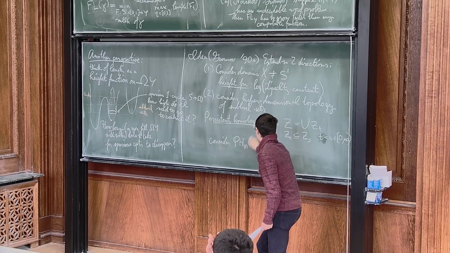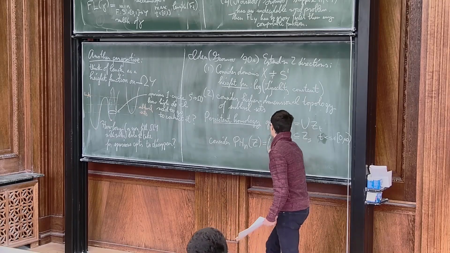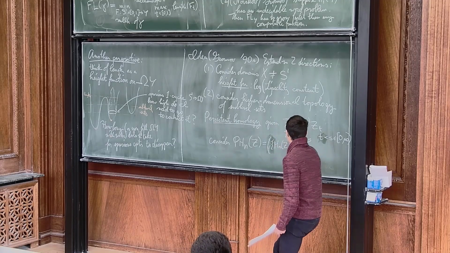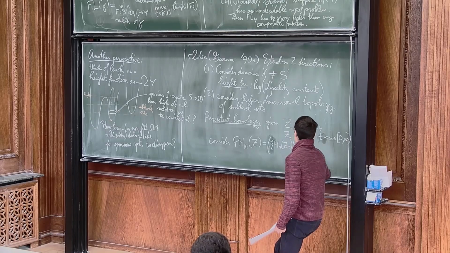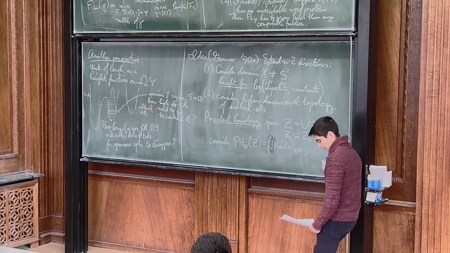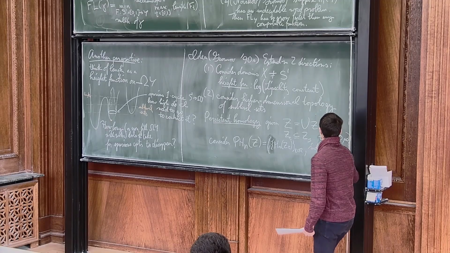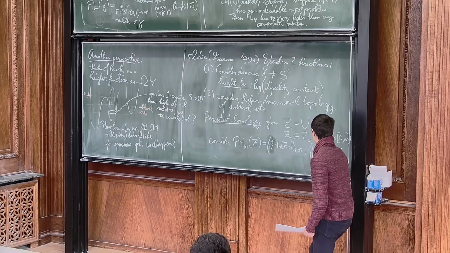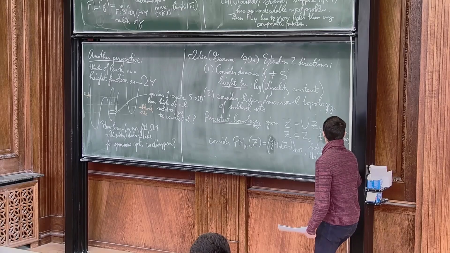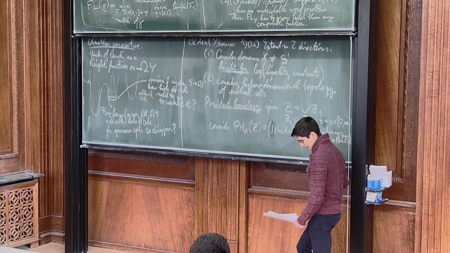So PH_n of Z, you take all the H_n of Z_t, and all the maps induced by the inclusions. Right, and so far we haven't said anything.